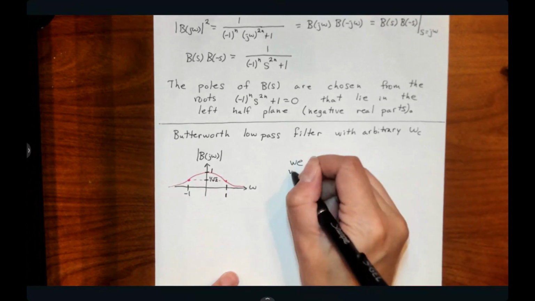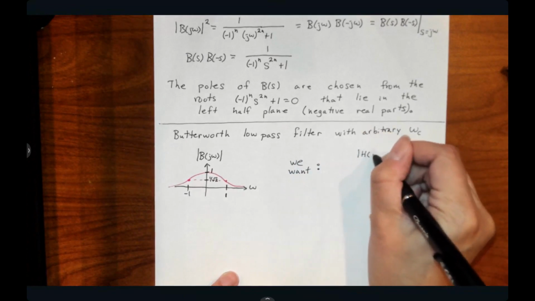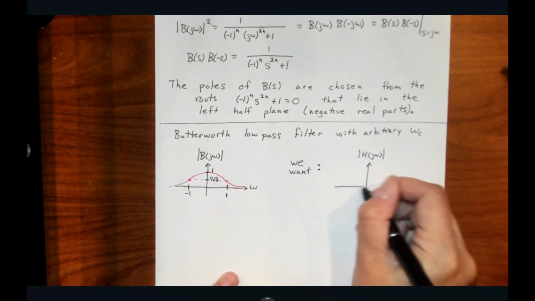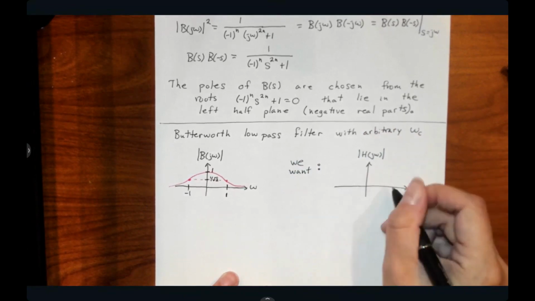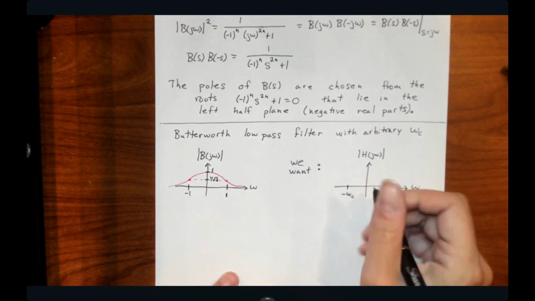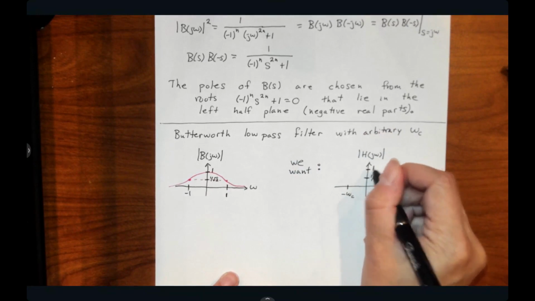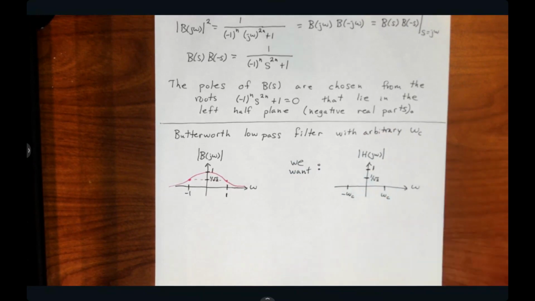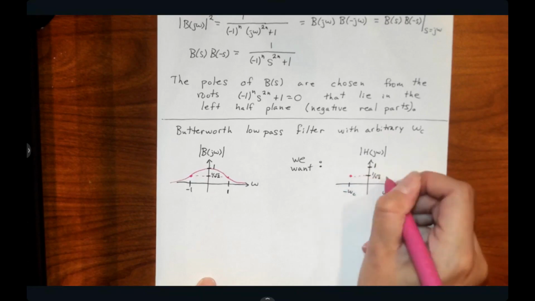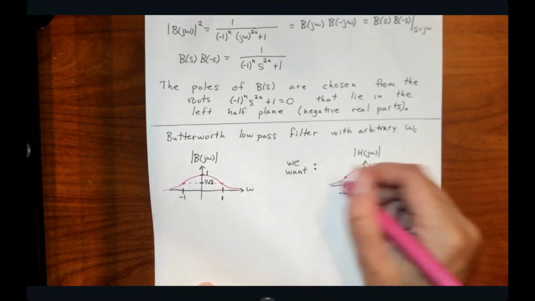And now what we want is something which is very similar, except now we have some arbitrary cutoff frequency, but we still want at 0 our height to be 1, and at our cutoff to have that -3 dB point.